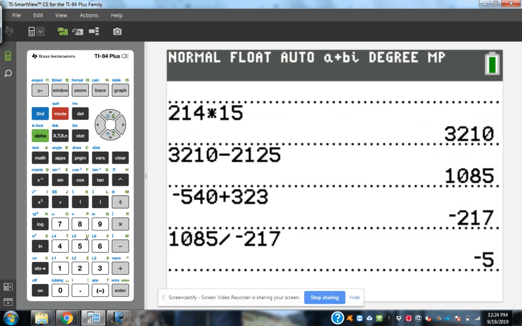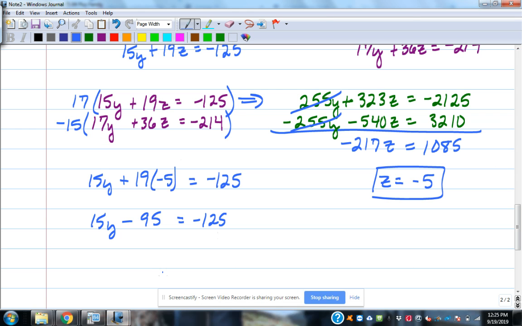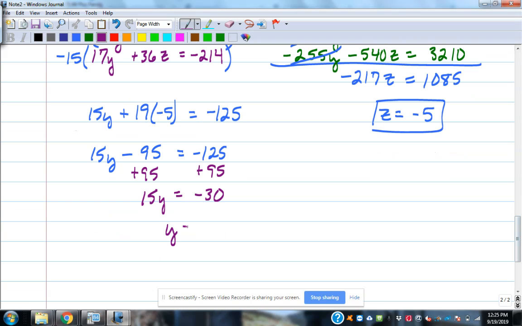So add 95. That'd be negative 30. So Y is negative 2.